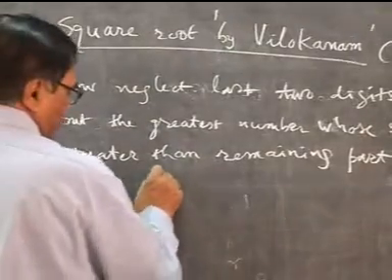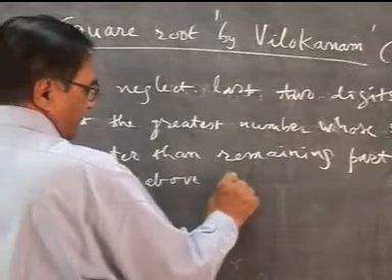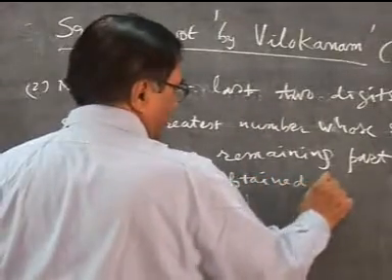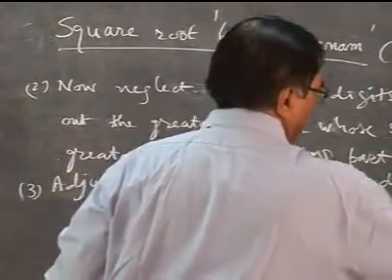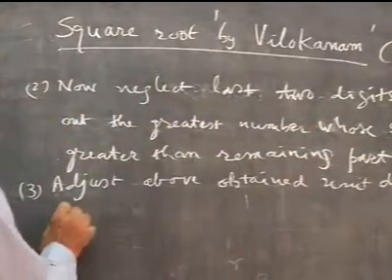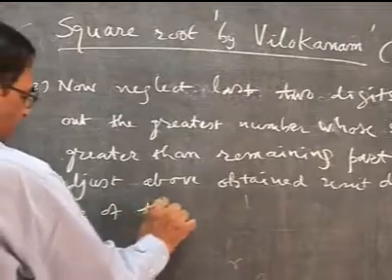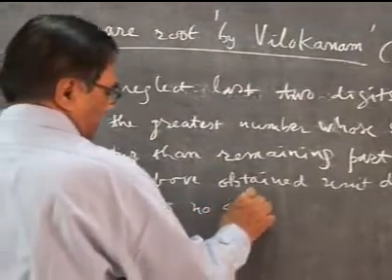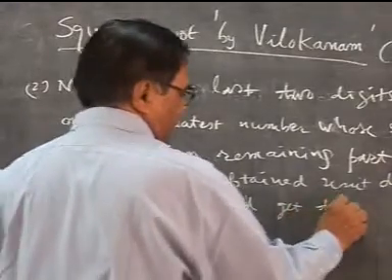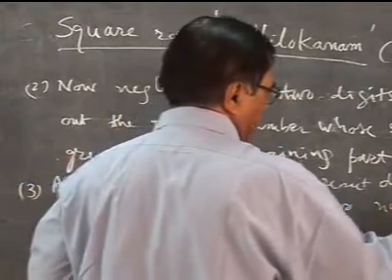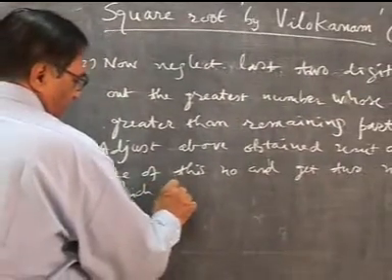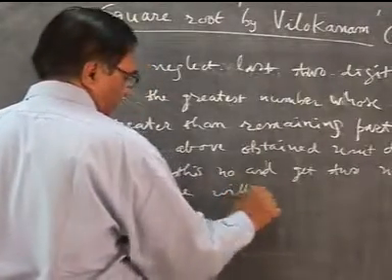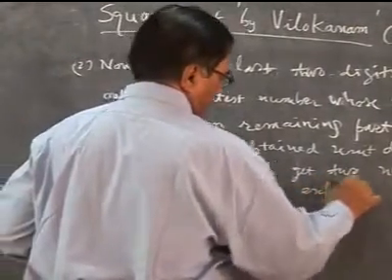Adjust the above obtained unit digit on the right side of this number and get 2 numbers among which one will be the expected square root.